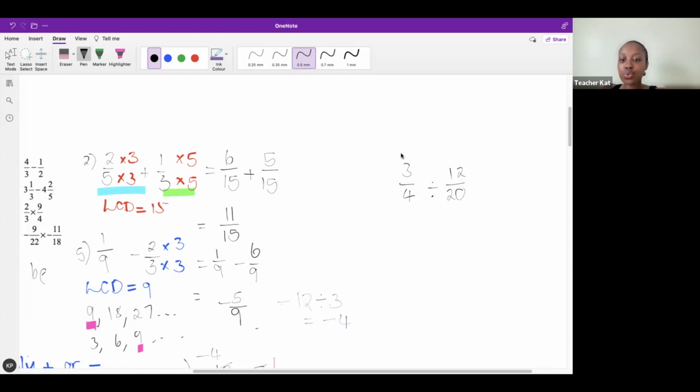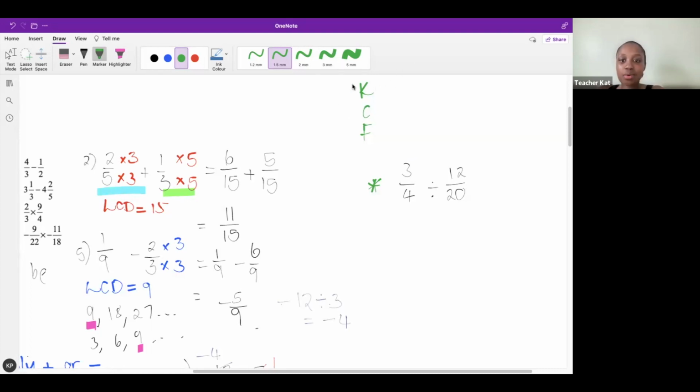How do we work this out? Does anyone know how we do division of fractions? KCF. Convert to division. I'm pretty sure you mean to multiplication. Seth, it sounds like you know what you're saying. You just said the wrong word. We're going to convert it to multiplication.